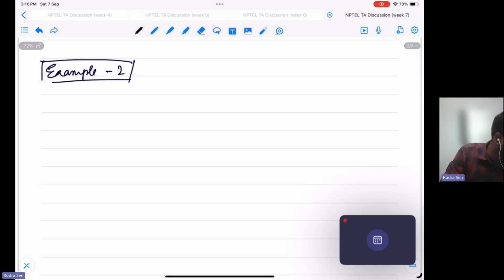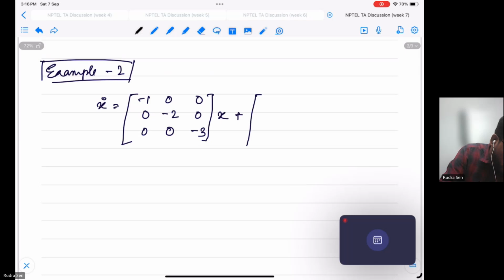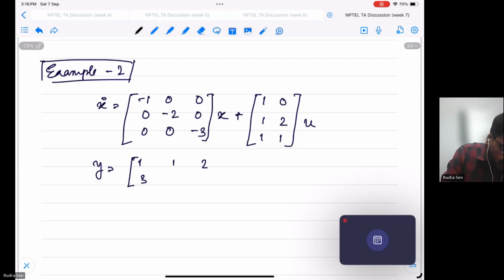It is A equal to -1 0 0, 0 -2 0, and 0 0 -3, B equal to 6 1, 0 1, 2 1, and this is u, and y is equal to [1 1 2; 3 1 5] x.